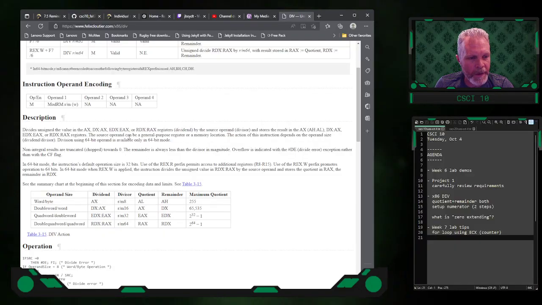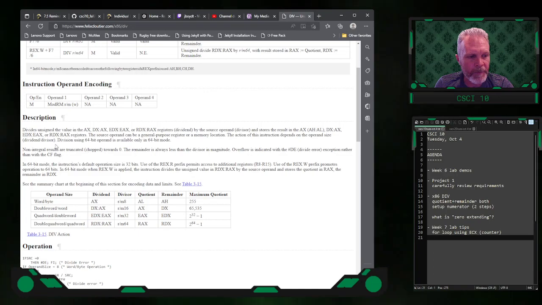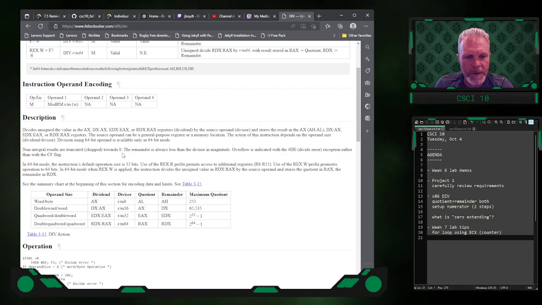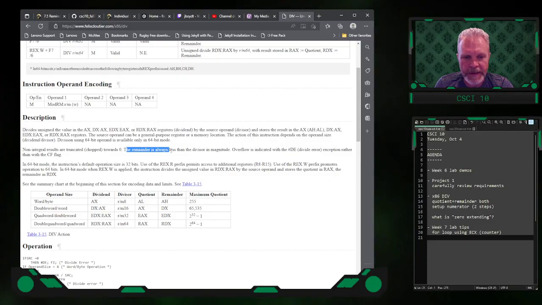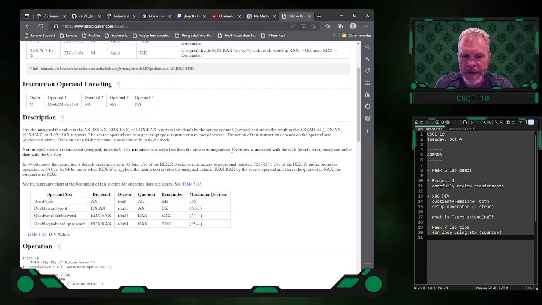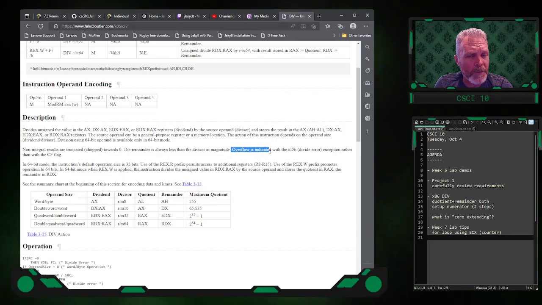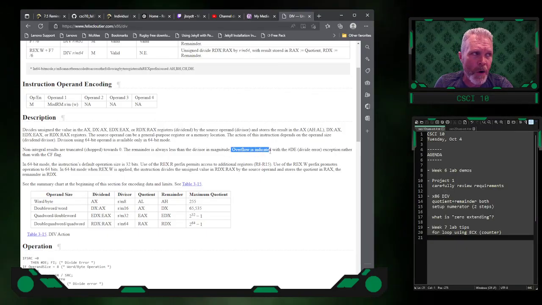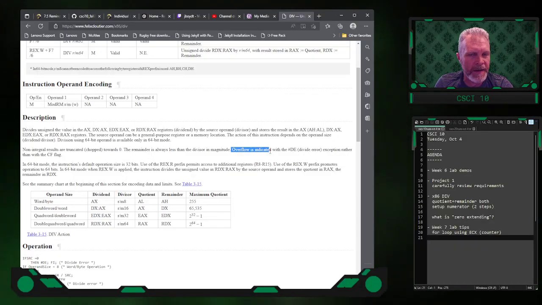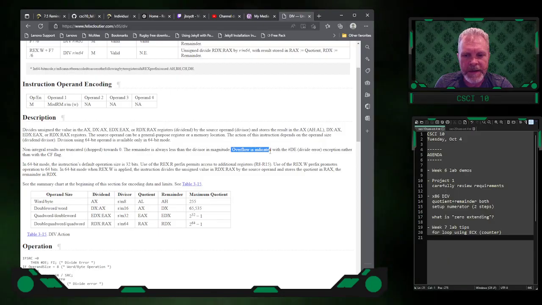All right, we're not going to worry about the 64-bit stuff. Non-integral results are truncated towards 0. We'll see what that means in a moment. The remainder is always less than the divisor in magnitude. That's not that big a deal to us. We don't expect overflow to happen because there's no way to divide a legal 8-bit by a legal 8-bit and get something that's not 8 bits.